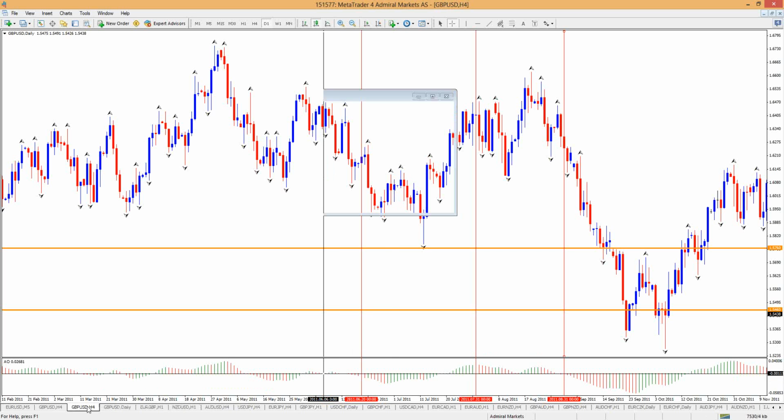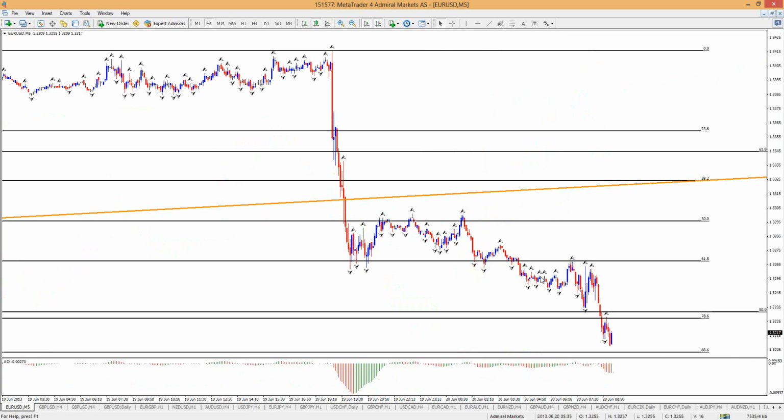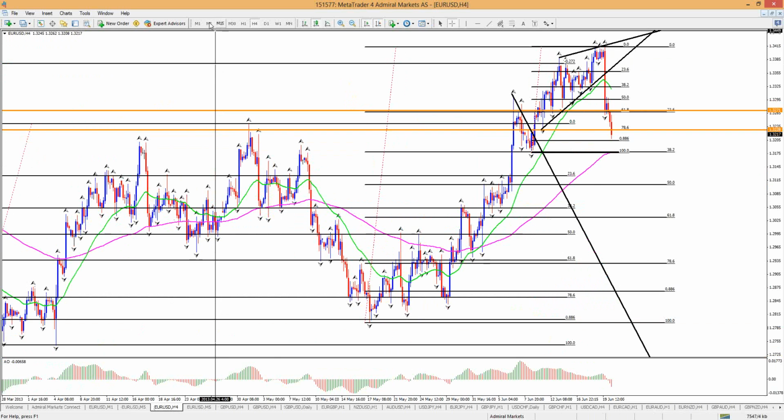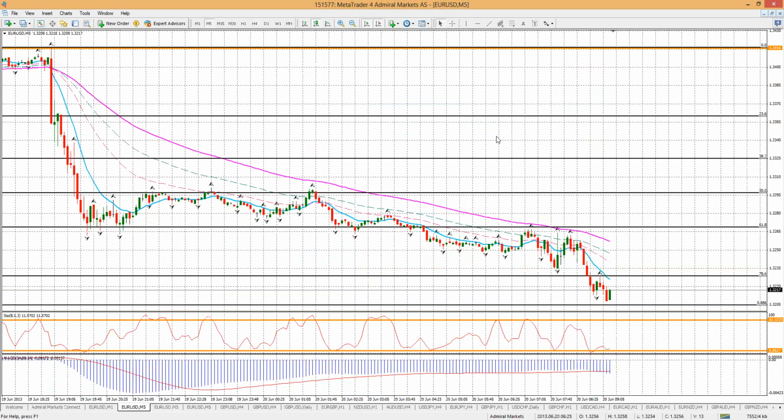Alrighty, folks. Let me just take a look at this Euro Dollar. Pushed up a few pips, pushed down a few pips, as we see, right? What happened with my moving averages? Ah, here. Just chart, sorry. Pushed down a few pips.